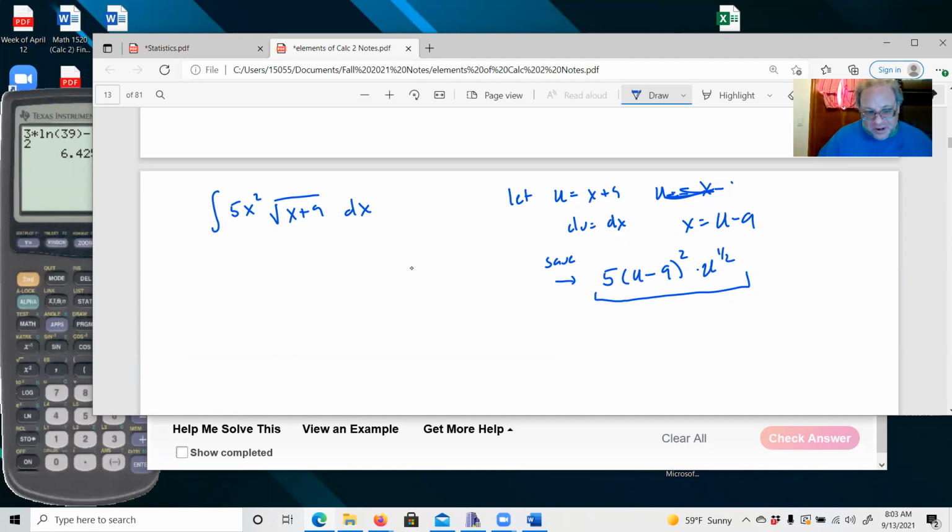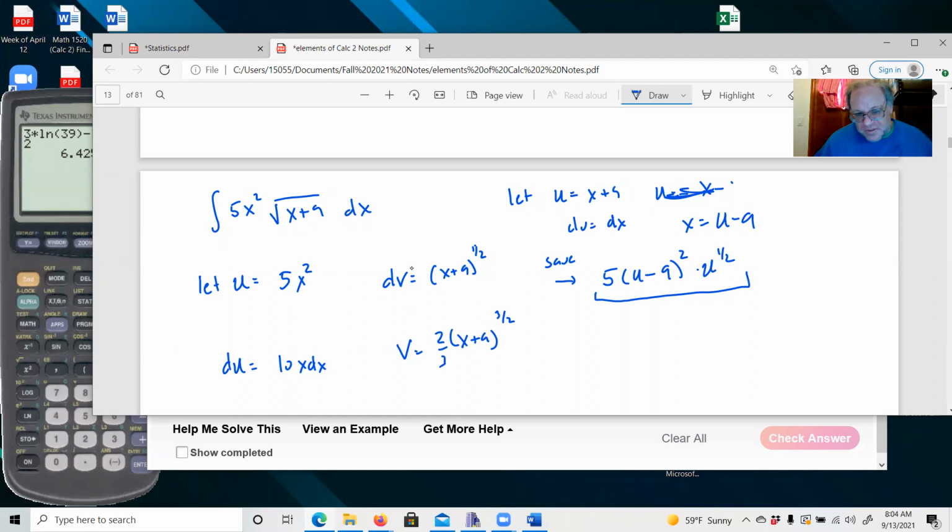So what am I doing here? We're going to say u is equal to 5x squared, since this is going to get smaller, so let's try this. Even if I have to do something in here, like the integration here, this problem is not going to be that bad. So du is equal to 10x dx. V is equal to x plus 9, add 1, so that's to the 3/2, and then we have the 2/3.